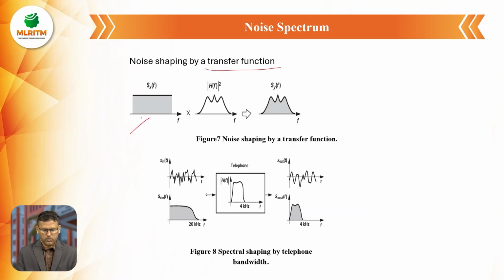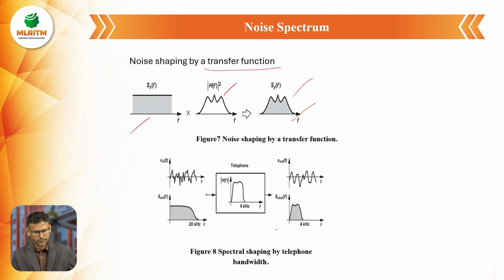Suppose this is the white Gaussian noise with the transfer function representation, with input x of t and output y of t, that is Sx and Sy. When we pass this input signal through the transfer function block, we get the shaping of the noise signal. We smooth the signal and get a proper output, and the noise signal we can detect and identify. Similar examples we can also observe.